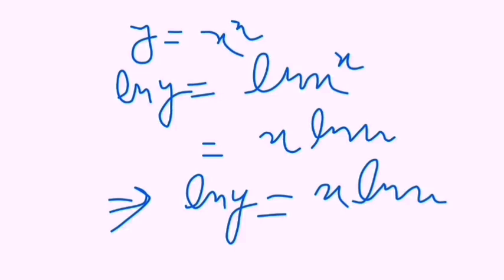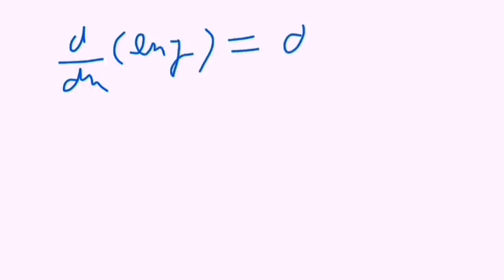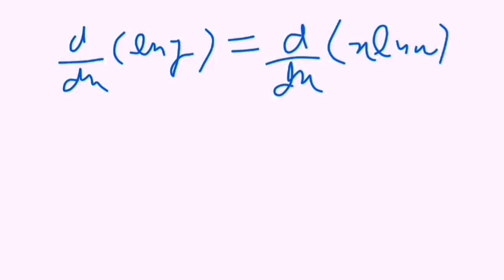Now by taking derivative to both sides, derivative of natural log y is equal to derivative of x natural log x.